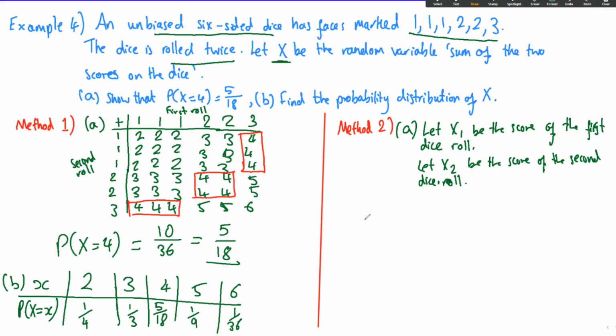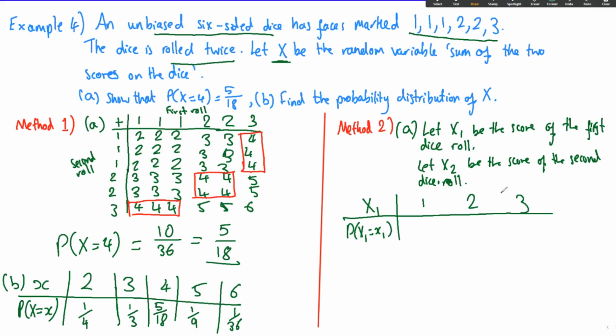So let's find the probability distribution of any one of these random variables. So let's do x1. Remember, this will be different as well. So yeah, there we go. We can actually only get 3 values here.